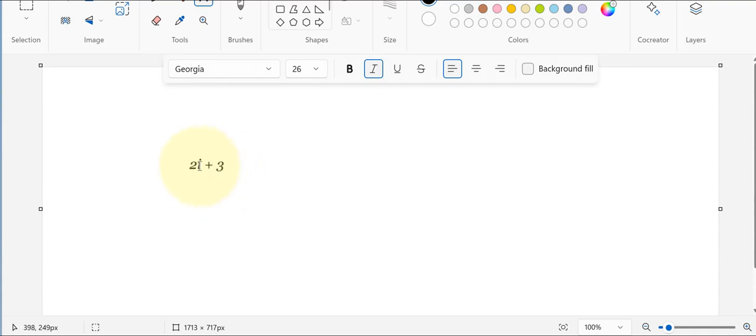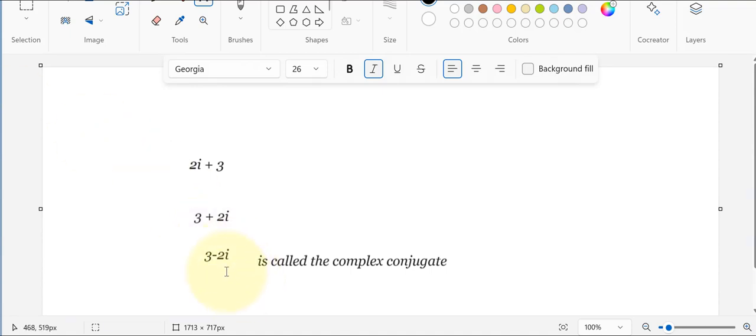We have something like 3 plus 2i, where this is called the real part and this is called the imaginary part. The conjugate of this is just 3 minus 2i. So 3 minus 2i is called the complex conjugate of 3 plus 2i. That's all we mean by the complex conjugate.